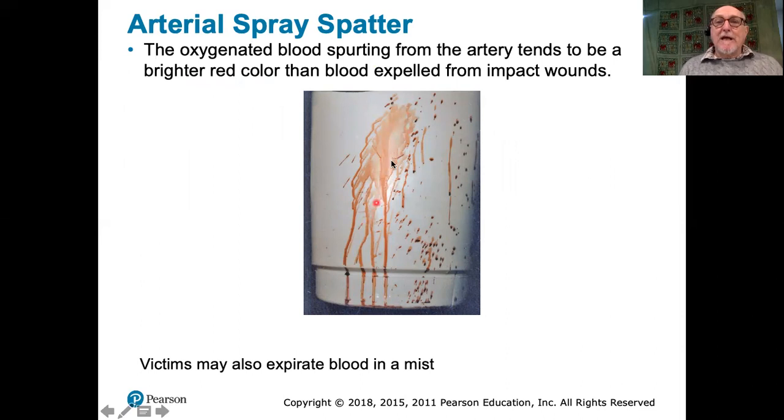What has happened is a jet of blood has flown up and struck the surface and then dripped down. Now, they say in your book, I've included it here, they say oxygenated blood tends to be brighter red. You'd really be hard-pressed to tell the difference between arterial and venous blood. It is true, it is somewhat brighter, but the difference is really not that great.